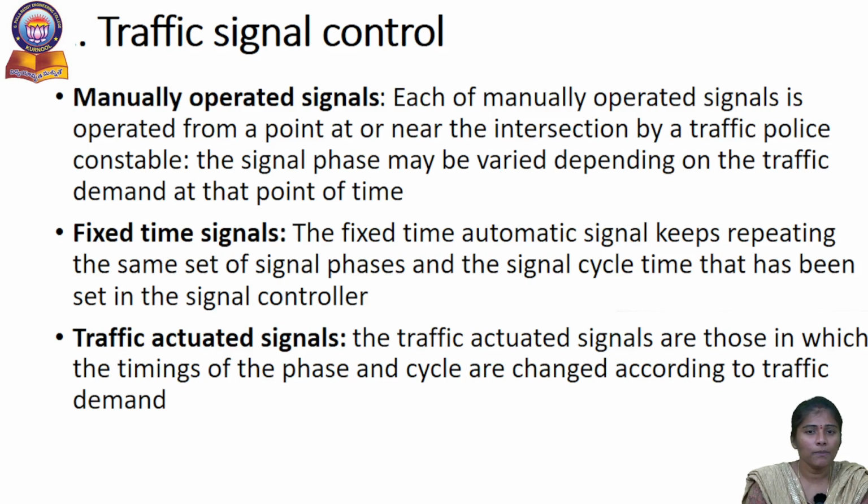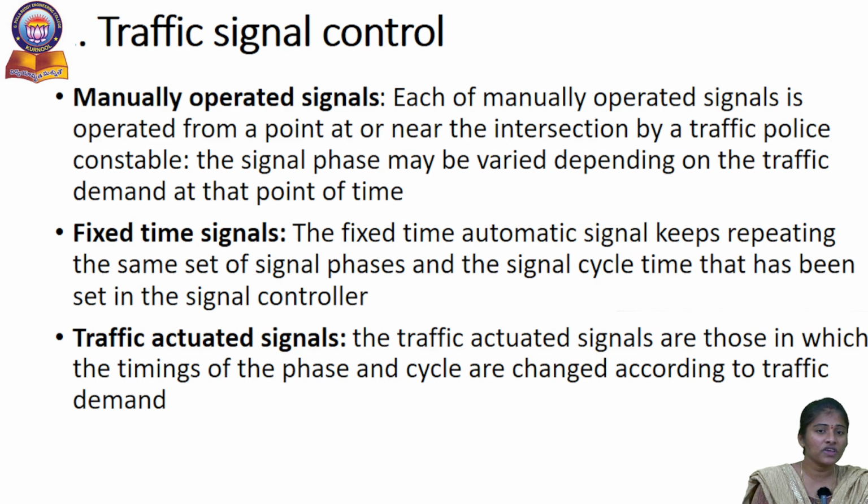In the case of manually operated signals, there will be a person sitting, who may be a traffic police or constable. He will be sitting at one corner in the particular location and he will be operating manually the time for each signal depending on the traffic demand at that point of time.